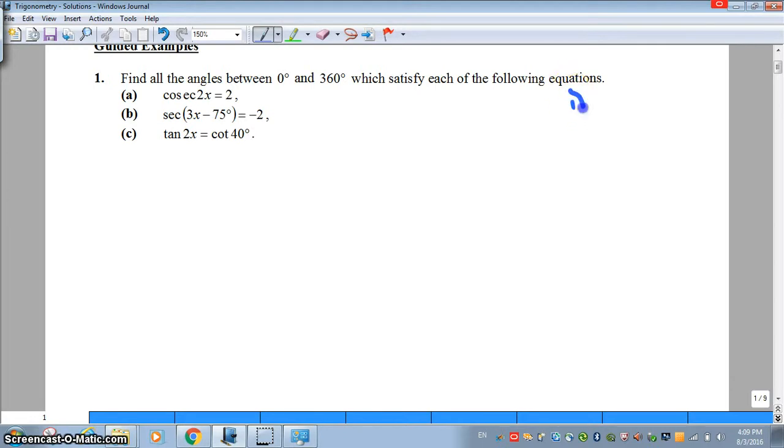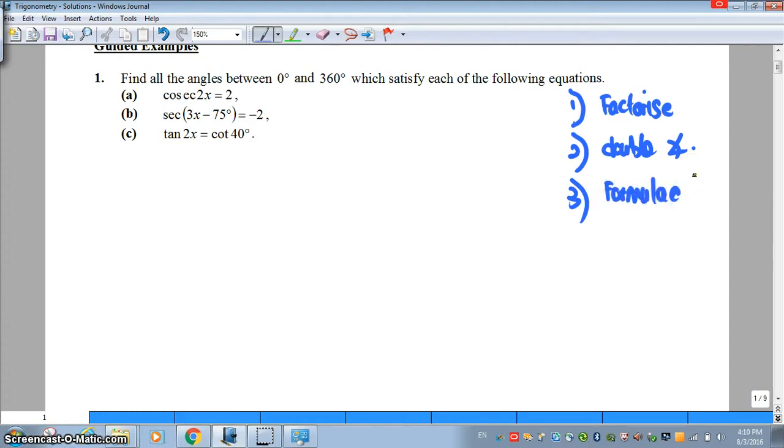First type, you will need to factorize before you can solve. Second type, the use of multiple cycles itself, which is double angle. Last but not least, if you are stuck at a question and you really do not know what to do, it's always good to refer to the formula sheet.